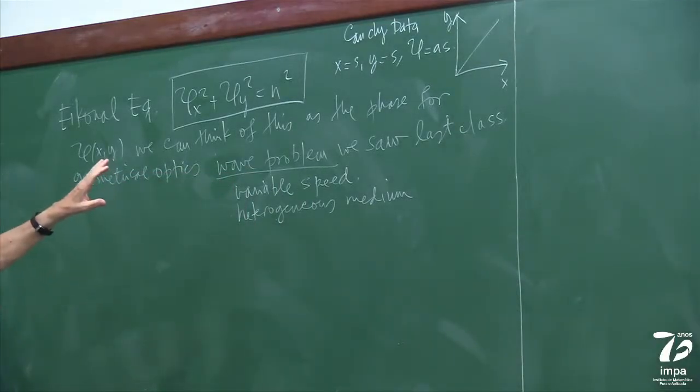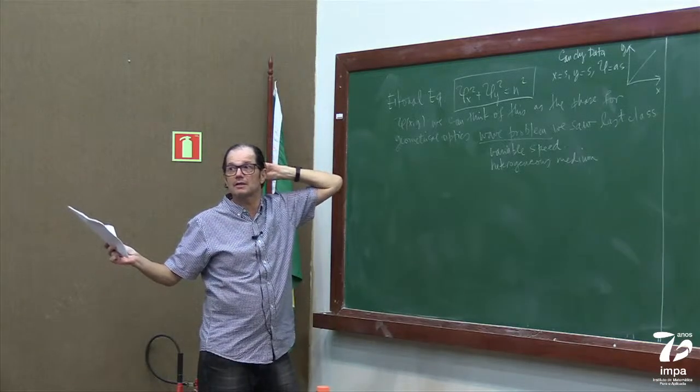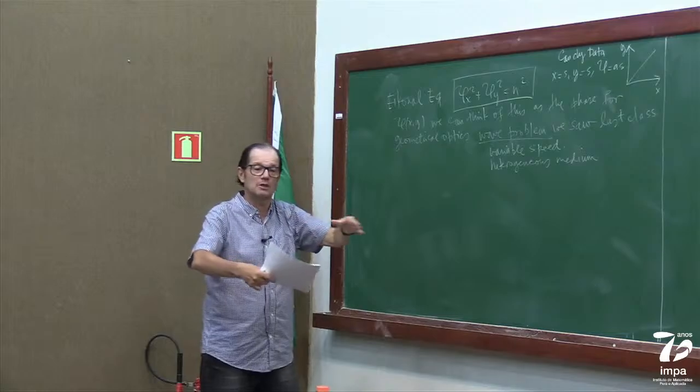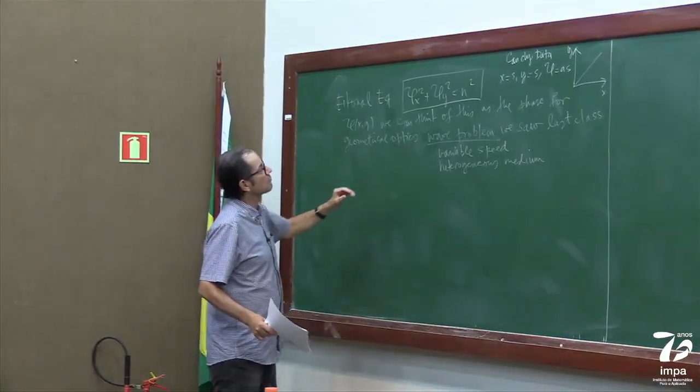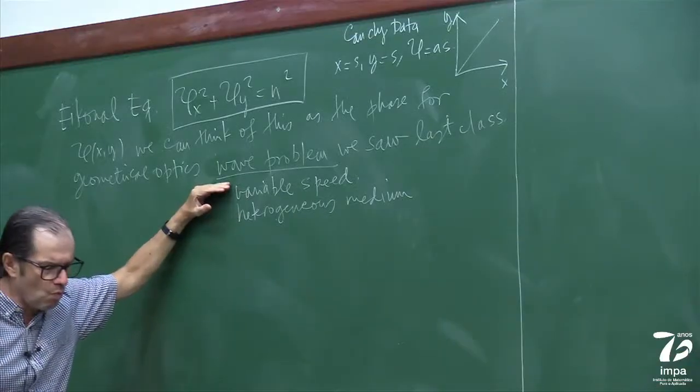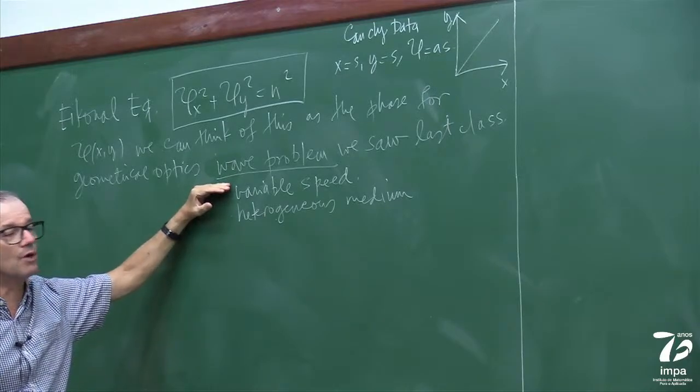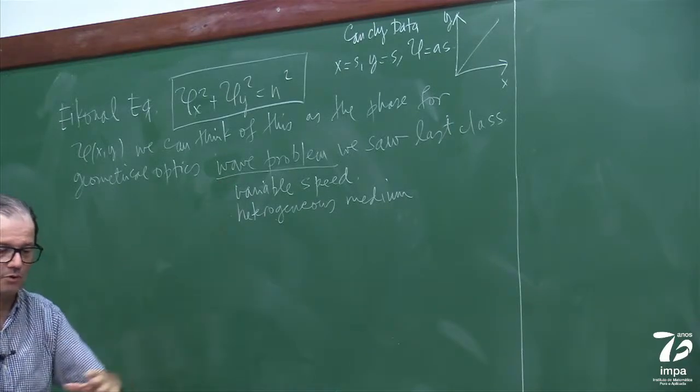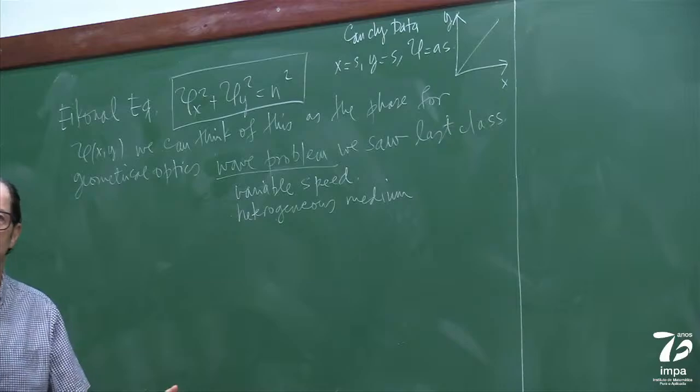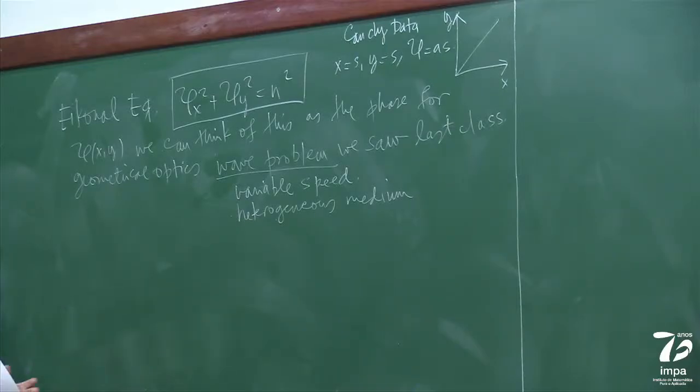Now, in this problem, y is not time. Y is space. Okay, so remember that this wave problem was a two-dimensional wave equation where in a 2D medium, the speed varied, and the wave fronts can deform.